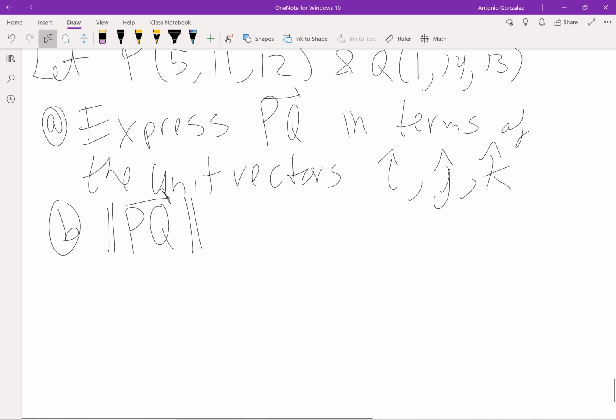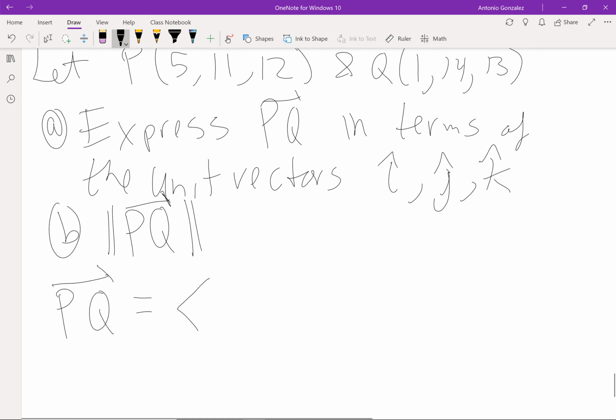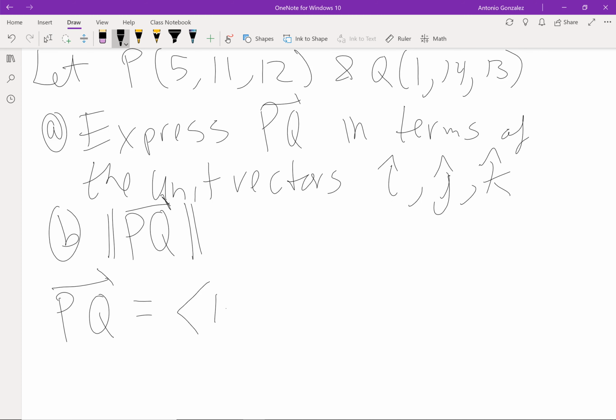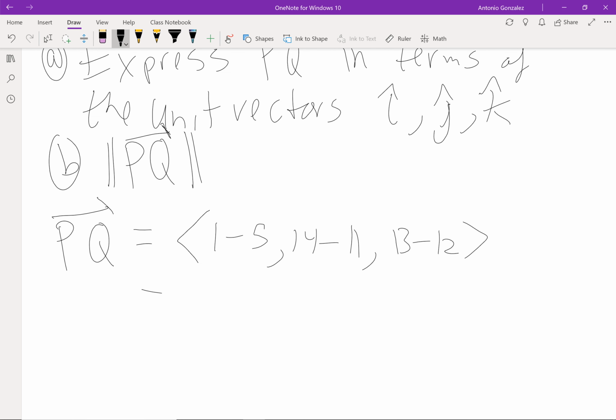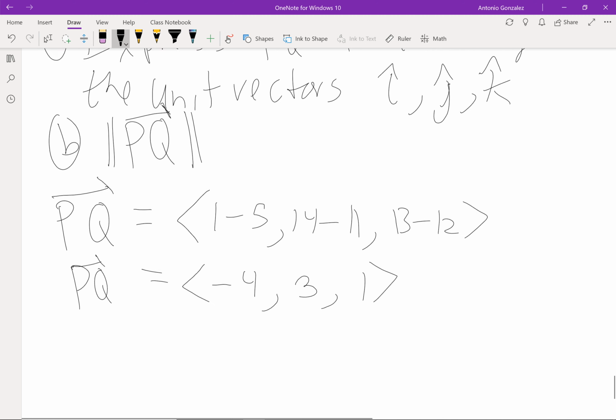Okay, so let's start first by finding PQ in standard position here, right? So 1 minus 5, 14 minus 11, and 13 minus 12. So that vector would be (-4, 3, 1). So that would be the vector PQ.